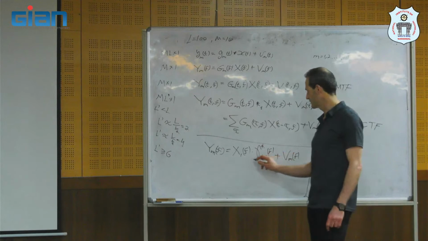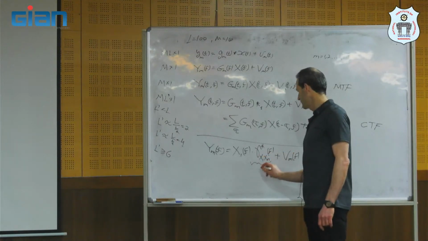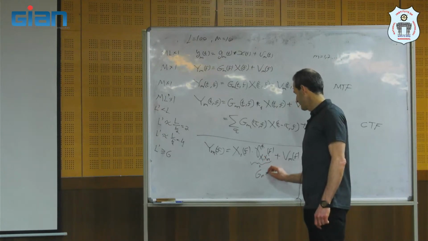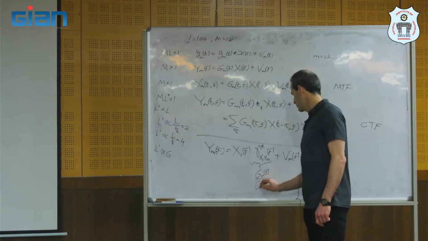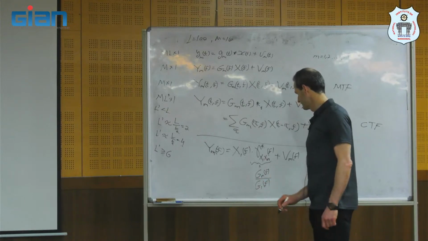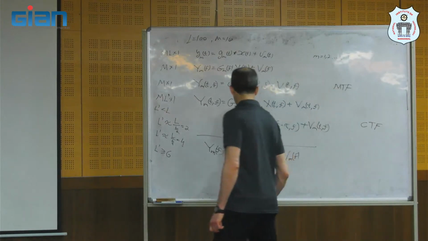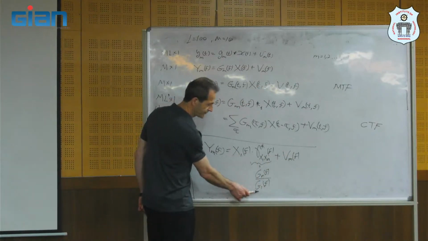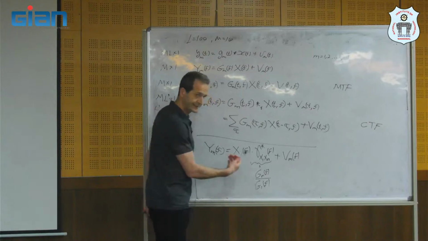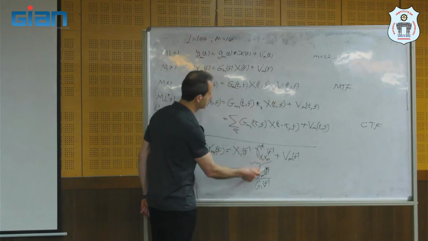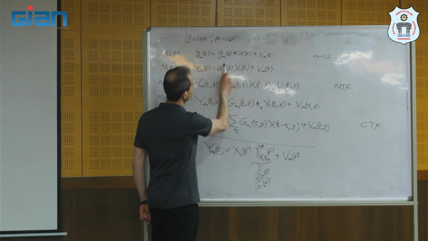Actually, this can be written as G_m(f) divided by G_1(f). So if we take x1, we divide by G1, we obtain x(f). Multiplied by Gm, we get xm. See?